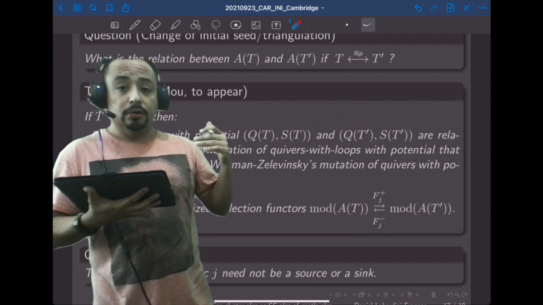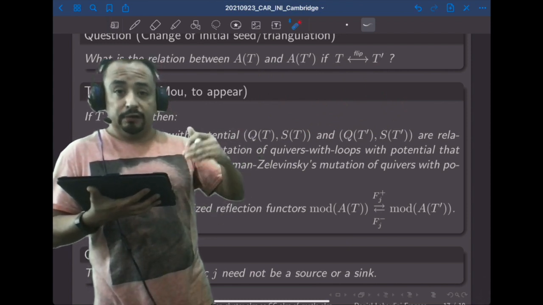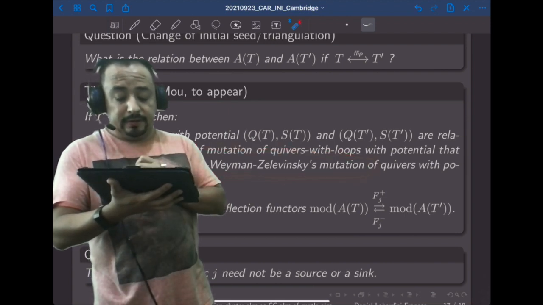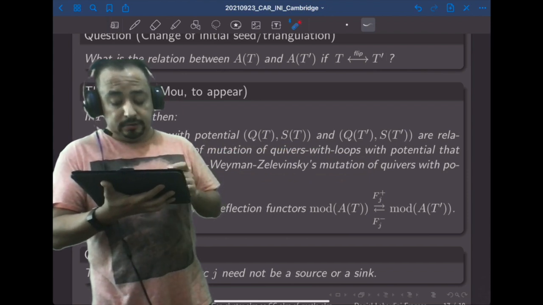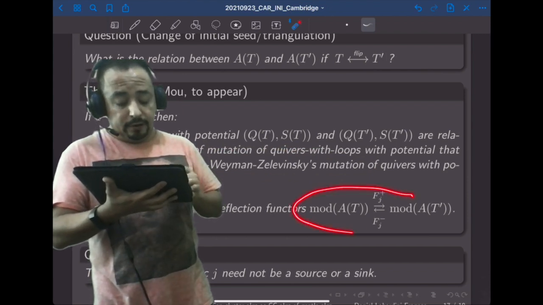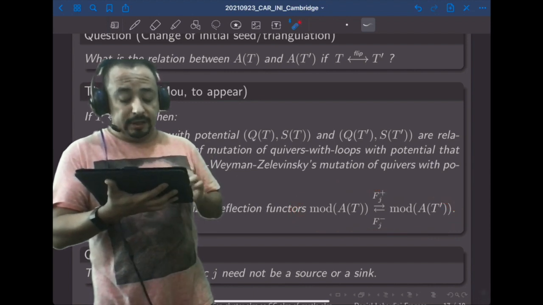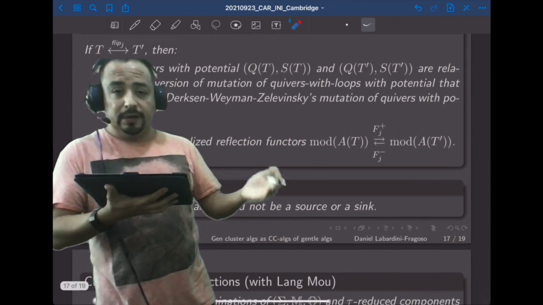So you cannot always choose a section or a retraction, as in the work of Derksen, Weyman, Zelevinsky. So we have these functors, but we do not have a mutation of representations. Some things you win, some things you lose.